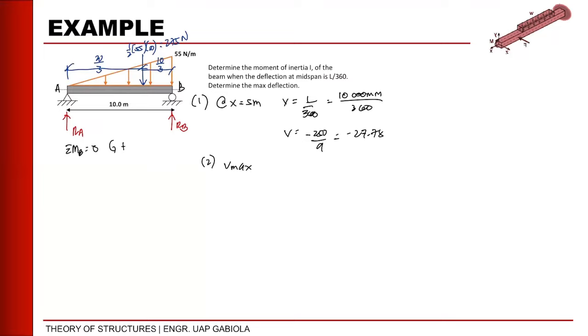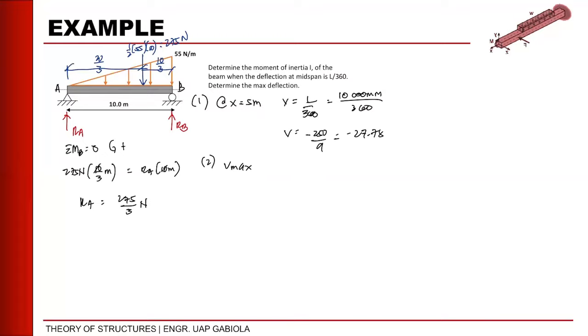We have our ECL at 275 newtons times 10 over 3 meters equals RA times 10 meters. So our RA is 275 over 3 newtons, since the 10 meters cancel.